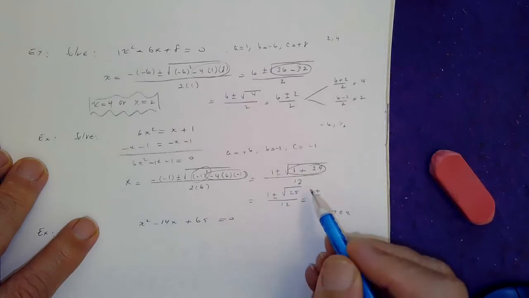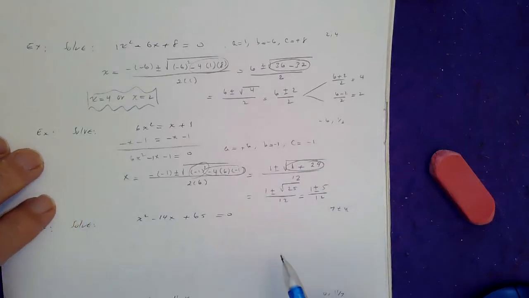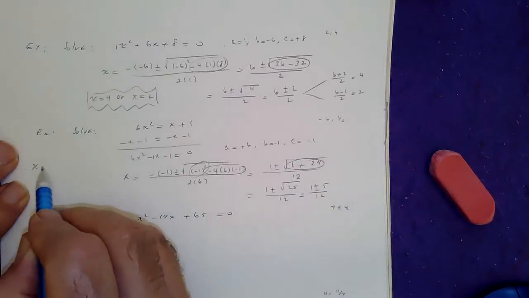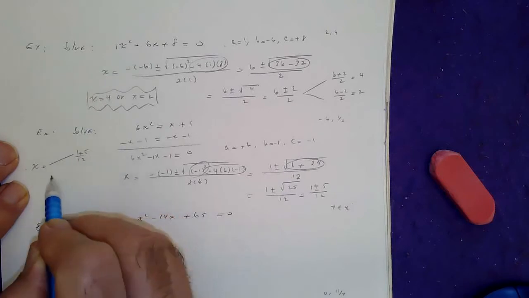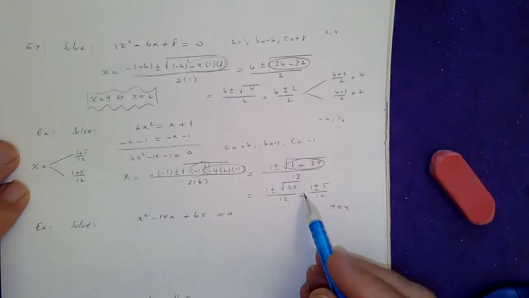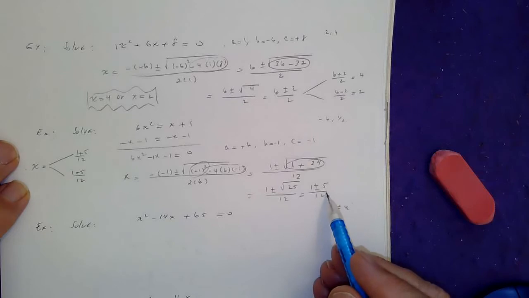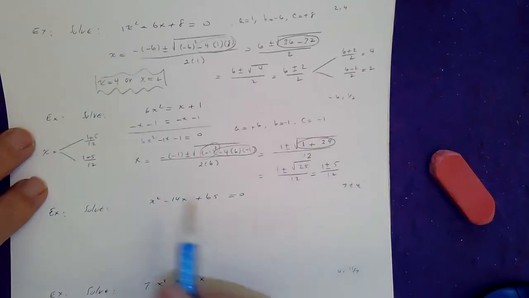Then that's 1 plus or minus 5 over 12. So the answer is either 1 plus 5 over 12 or 1 minus 5 over 12. Plus or minus means you have two answers, depending on whether you select the plus or minus sign on top.